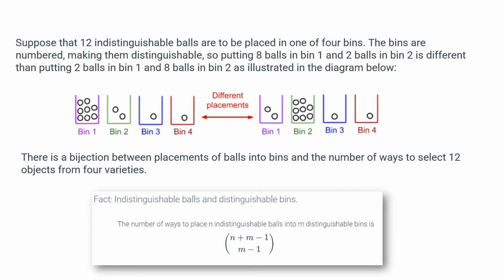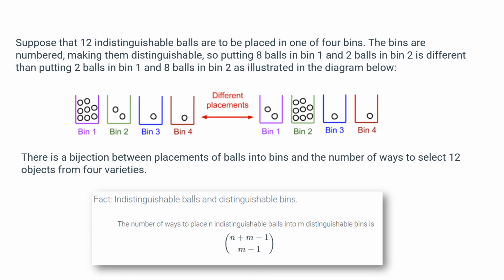And so putting 8 balls in bin 1 and 2 balls in bin 2, like we see here in this picture down below, would be considered a different configuration than if we put the 2 in bin 1 and the 8 in bin 2. That's just what we mean by distinguishable bins.